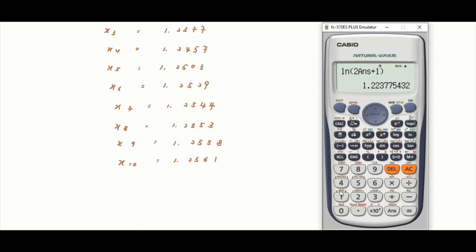In your calculator you can just keep on pressing it. You should realize that no matter how you proceed, you will get the same value, which is 1.26.